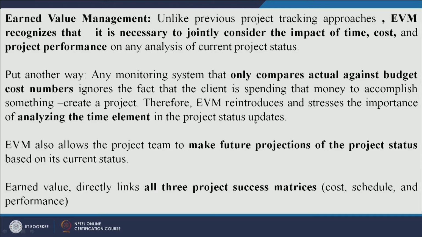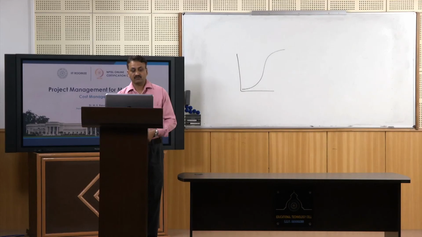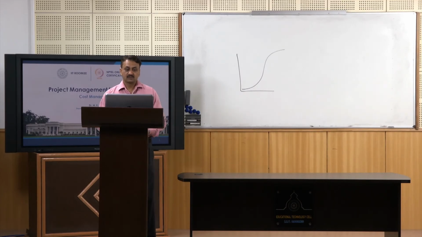So it looks at time, cost and performance. Earned value management also allows the project team to make future projections of the project status based on its current status. That is the plus point of earned value management. And as I said, it focuses on all these three success metrics.